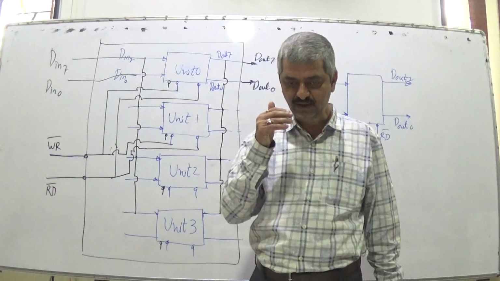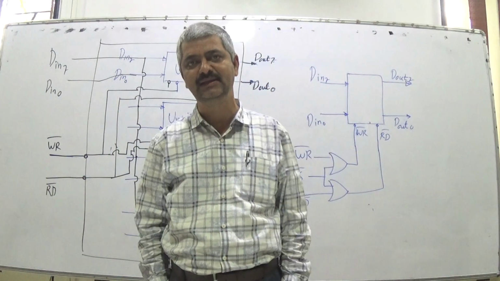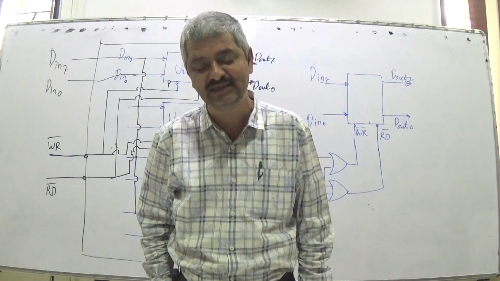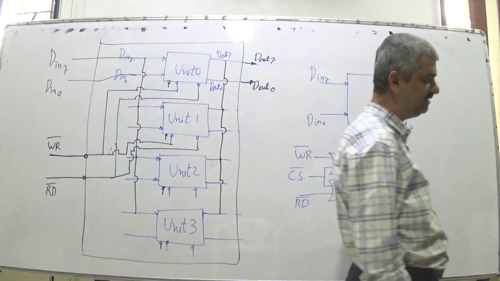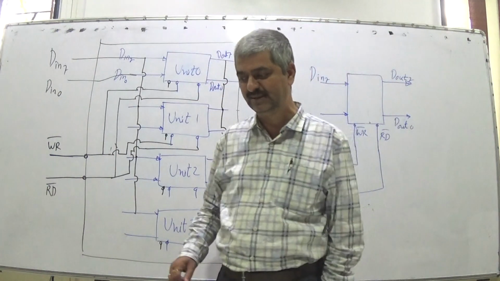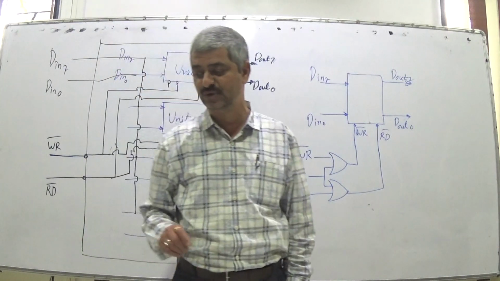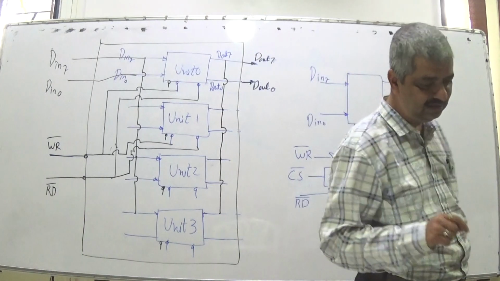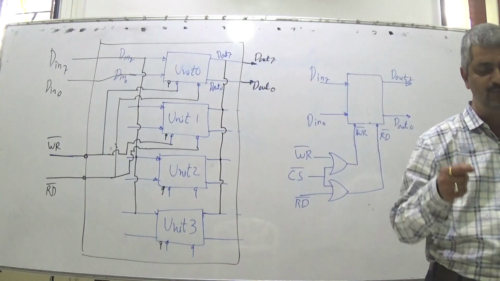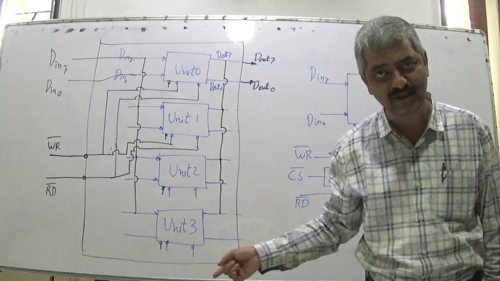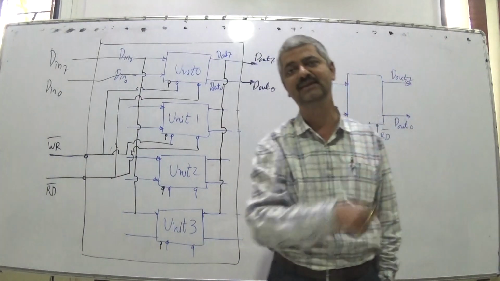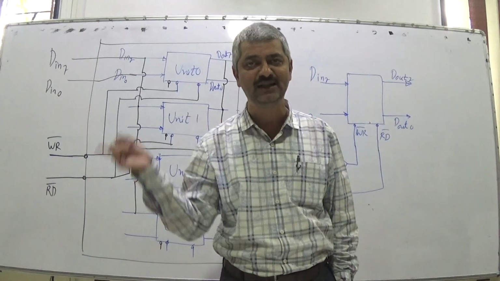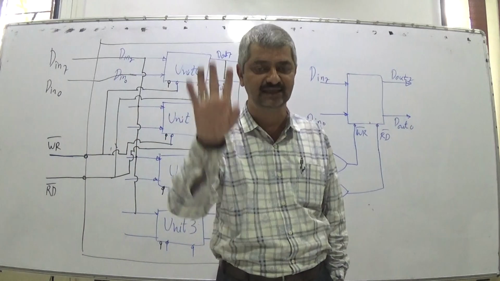So when we are combining multiple single byte memory cells into one multiple byte memory cell, what is the situation? Either I would be interested in selecting one of them or none of them, but what should not happen in any case is that I select multiple of them simultaneously.